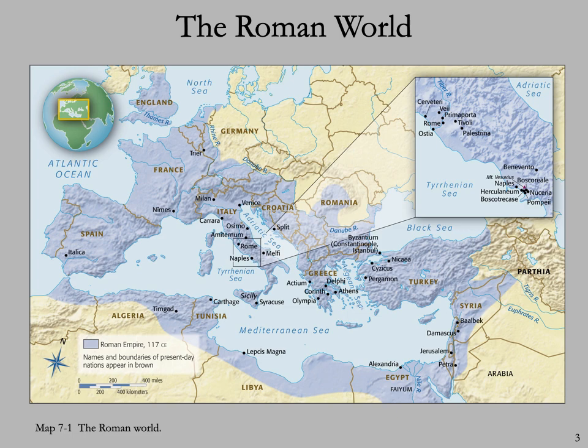So here, as we look at Rome at its actual height through the map here, you can see its massive stretch. It reached from Scotland all the way, when we look east, to Baghdad. It's a huge spread and a huge population. There were many large, important cities outside of just Rome itself.